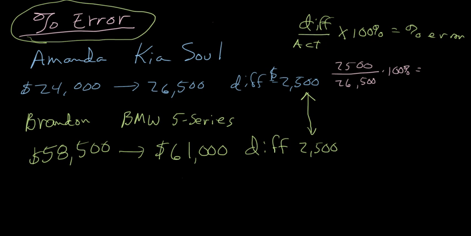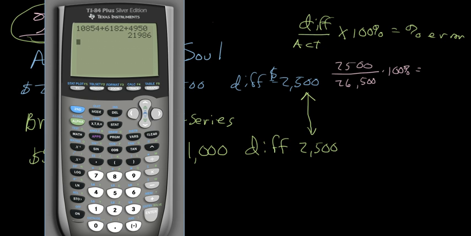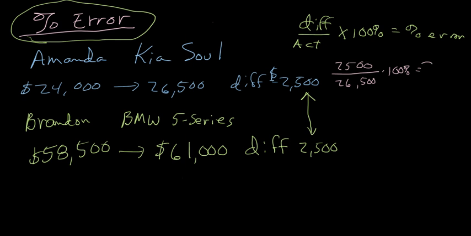And Amanda's mistake, or her percent error, was, and you can use a calculator on this one, 2500 divided by 26500, and we multiply that by 100, we get 9.4%. Move the decimal point 2 units to the right. So the answer here is her error was 9.4%.